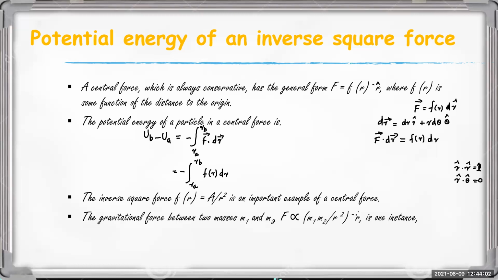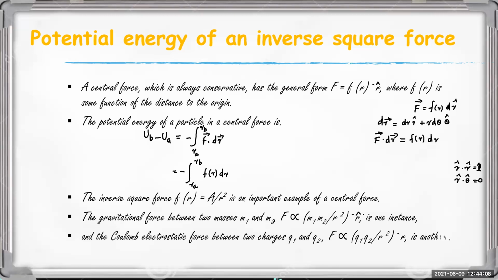Another is Coulomb electrostatic force between two charges q1 and q2, that is F proportional to q1 q2 divided by r square, or F is equal to some constant k into q1 q2 divided by r square, and in SI units k is equal to 1 divided by 4 pi epsilon 0.